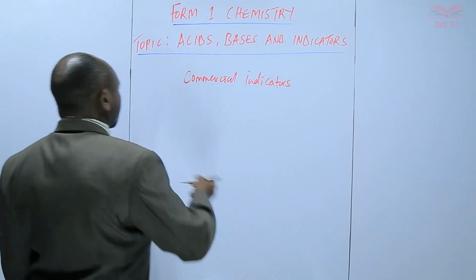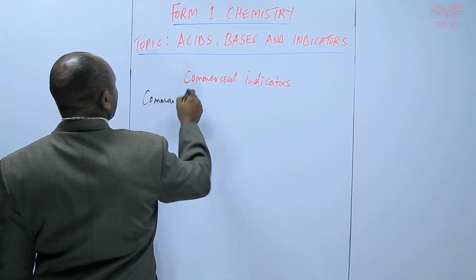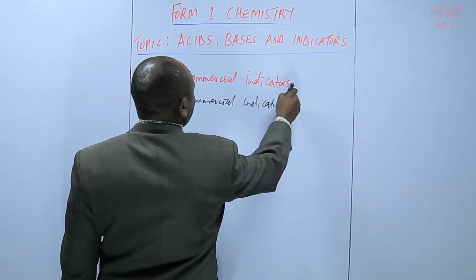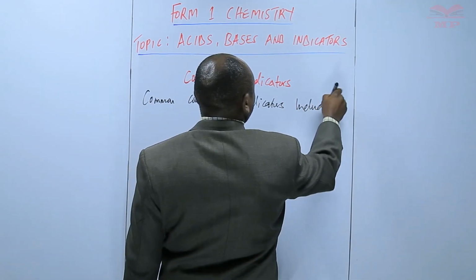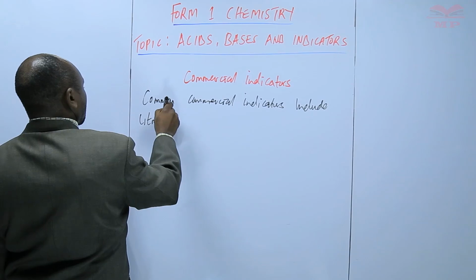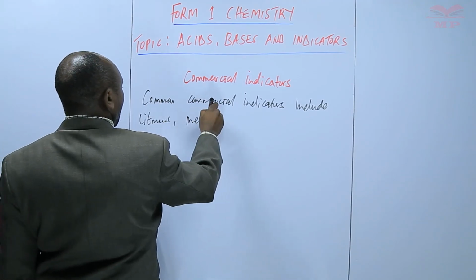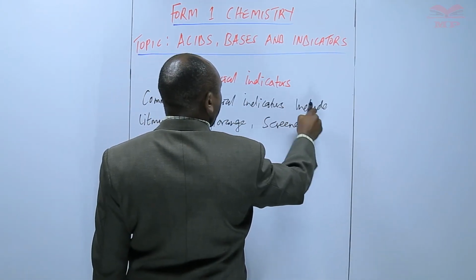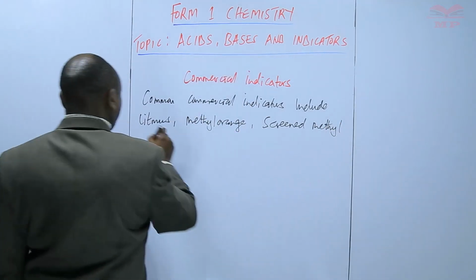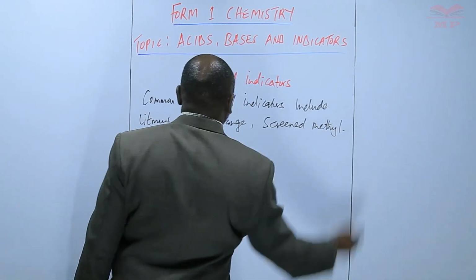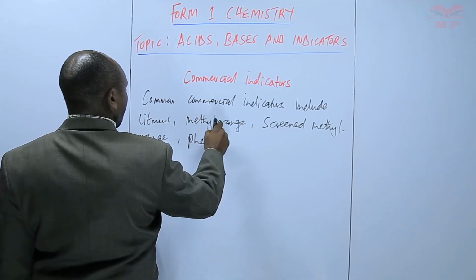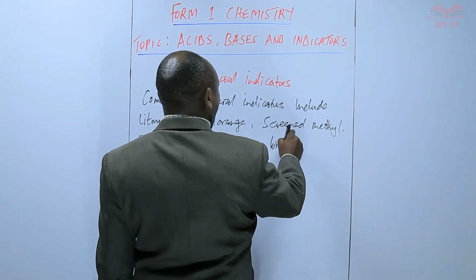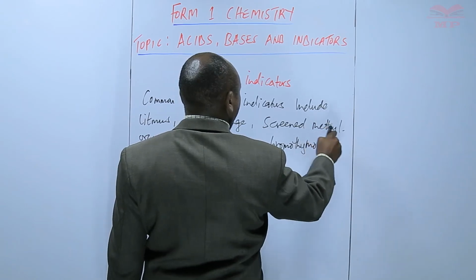So we can say that common commercial indicators include litmus, methyl orange, screened methyl orange, phenolphthalein, and bromothymol blue.